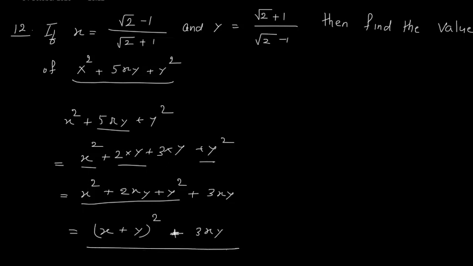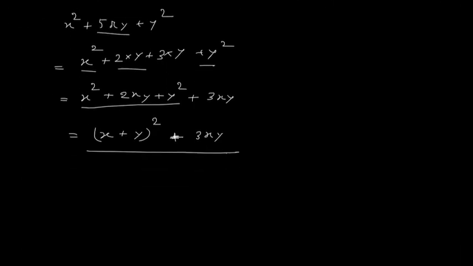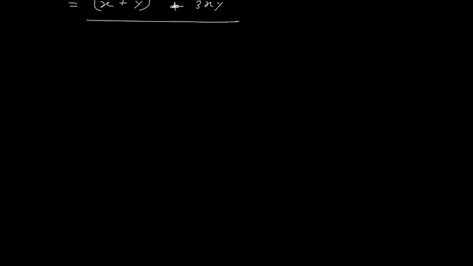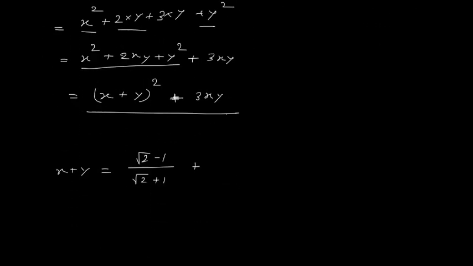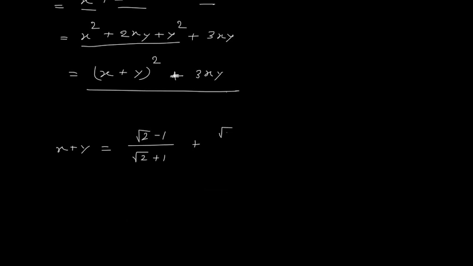Now x is given, y is given. To get the value of x square plus 5xy plus y square, I should add x and y and then multiply x and y. So let us find x plus y. The value of x is root 2 minus 1 upon root 2 plus 1, plus the value of y, root 2 plus 1 upon root 2 minus 1.